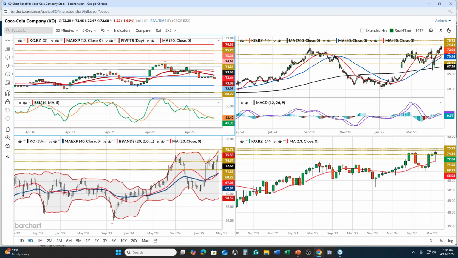In that fractal environment, what I want to see is those setups be clear in all time frames, or at least two of the three.